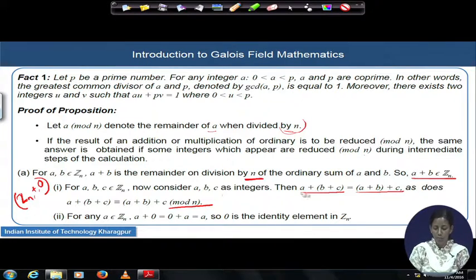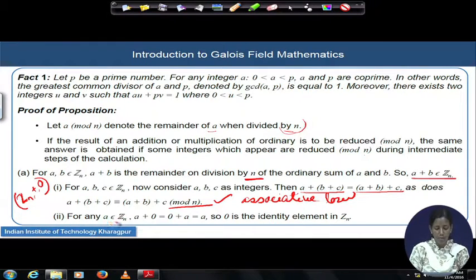For the normal operation, if it is true, then with the mod n operation it will also be true, because we have already proved that after the mod n operation, that number belongs to the same set. So any A belonging to Zn proves the associative law with the mod n operation.